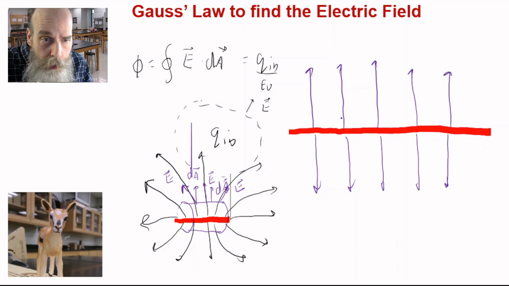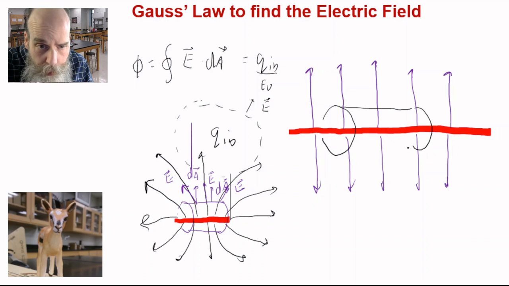And so now, if we do our Gaussian surface, we can take a cylinder like this, and now over the surface of our cylinder, the electric field always has the same magnitude, and it is in the same direction as dA.